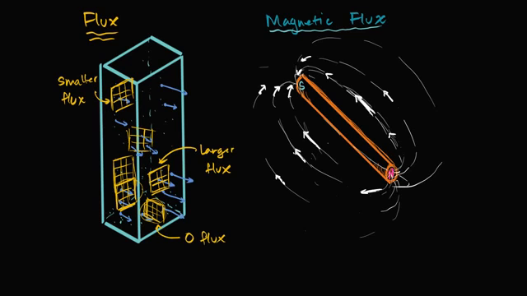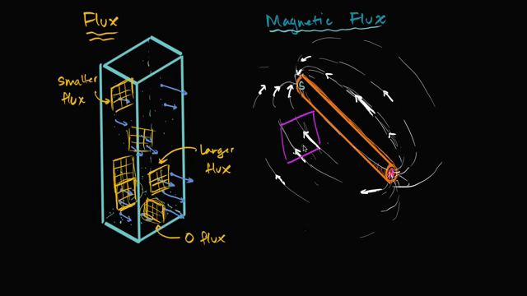And let's say that we have a surface like this. And so for this surface, when we think about the flux, we want to care about how much things are actually moving. When we think about magnetic flux, we aren't actually thinking about actual physical things moving through this surface the way we did when we thought about, I guess you could say, traditional or flow-based flux, but it's a similar idea.